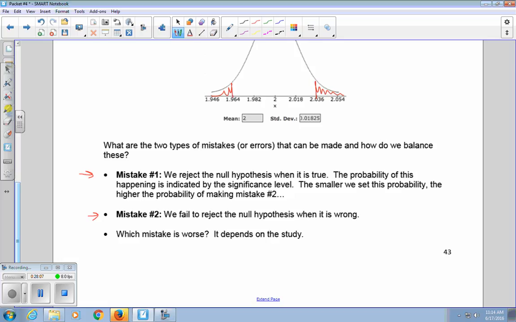Mistake 2 is that we fail to reject the null hypothesis when it is wrong. And which mistake is worse? It depends on the study.